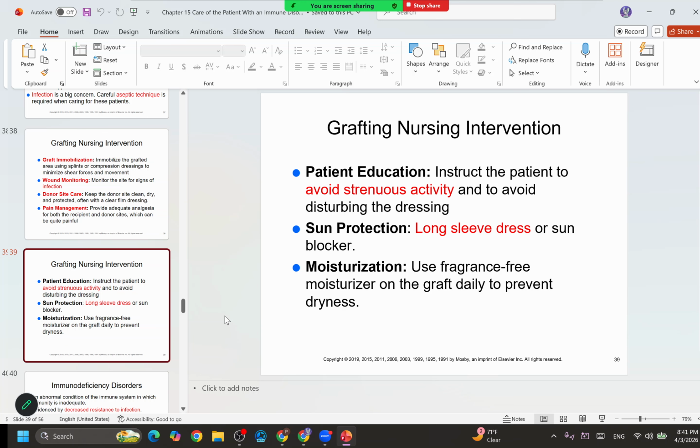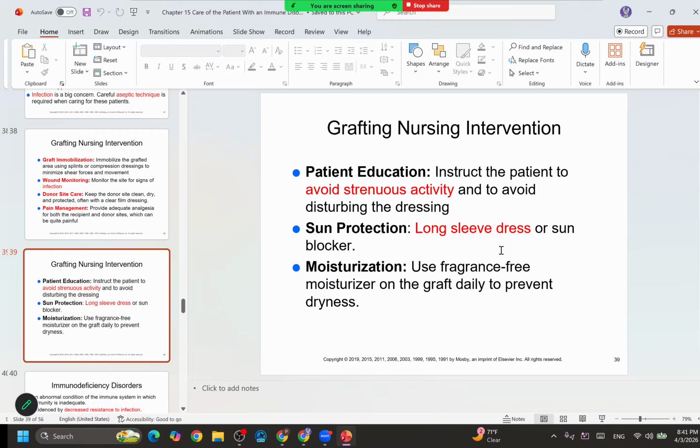Okay, ultraviolet will damage the new wound. So this is the reason we want to cover it, like with a long sleeve dress or a sun blocker, okay? Usually we don't really use sun blocker so much, because you don't want to put sun blocker directly on the surgical site, like a donor site or wound site. So usually we will cover it with a long sleeve dress.